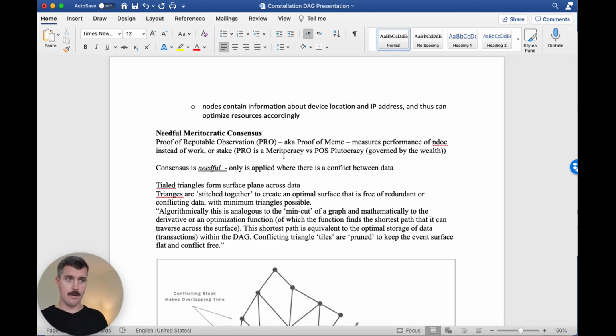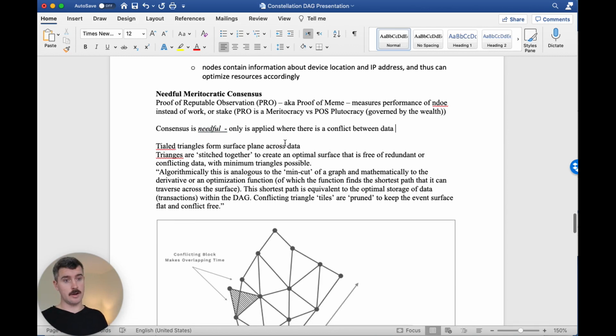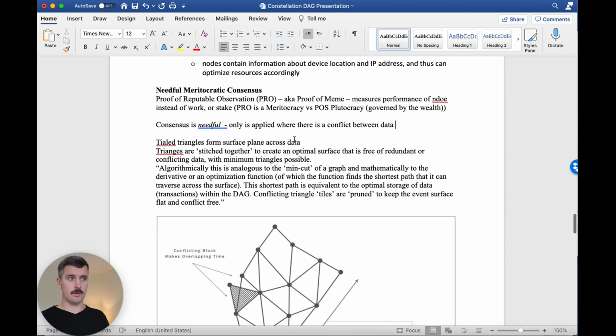Proof of reputable observation, PRO, is a meritocracy, whereas proof of stake is a plutocracy because it's governed by who has the most wealth. There's obvious problems with proof of stake, I think, that you basically have a centralization of resources and power, right? Which means less decentralization and therefore less trust in the blockchain that you're using.